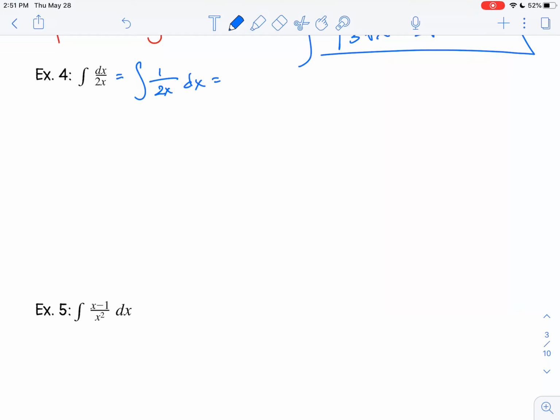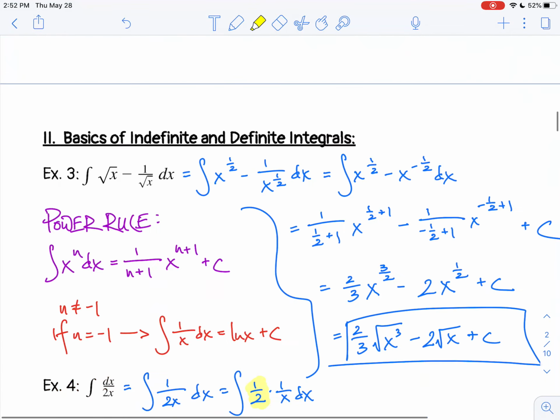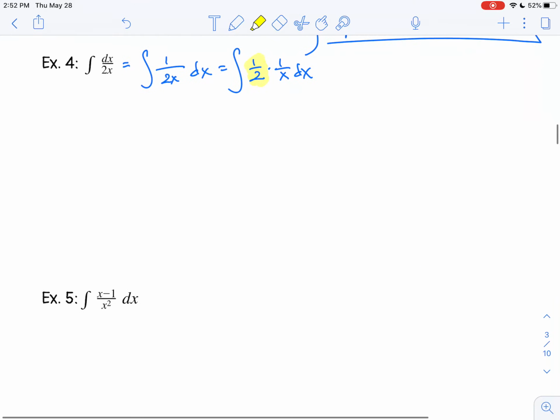And I'm even going to break this up into two fractions, 1/2 times 1 over x dx. When I break it up like that, I can tell that I have a constant, and I'm going to bring that constant out to the front. So really, I have 1/2 the integral of 1 over x dx. Okay?